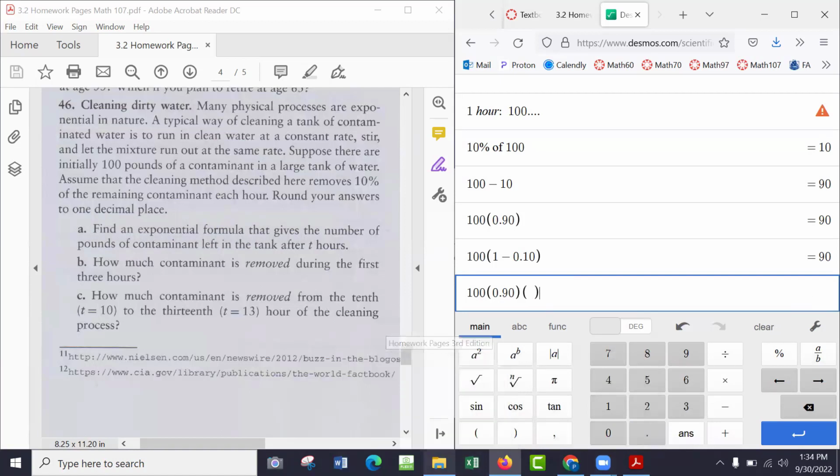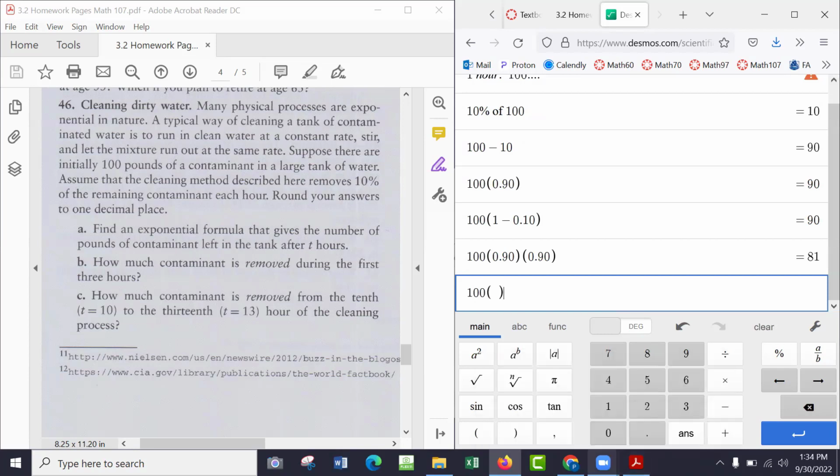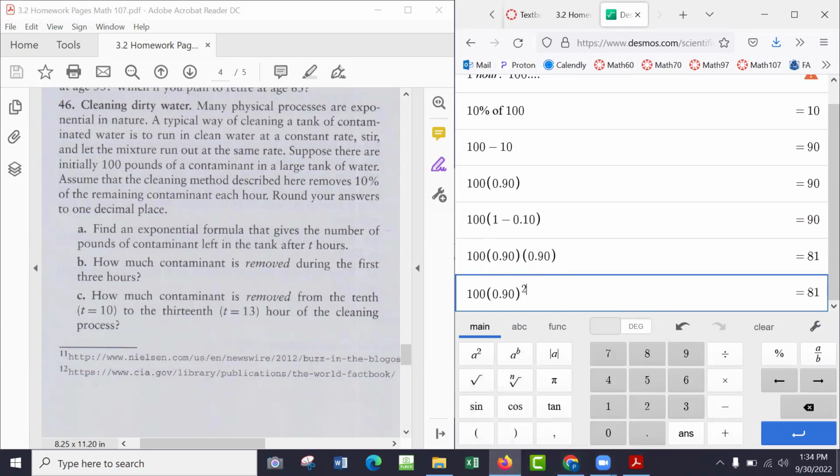But after 2 hours, we remove 10% again. So it's like multiplying by 0.90 again to get 81 pounds of contaminant remaining after 2 hours. Or with an exponent, you can write that 100 times 0.90 to the power of 2. And that gives us our 81 pounds of contaminant remaining after 2 hours.